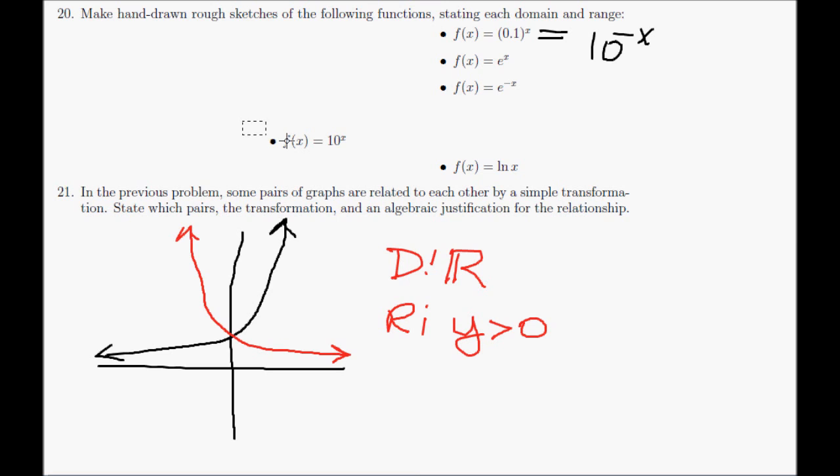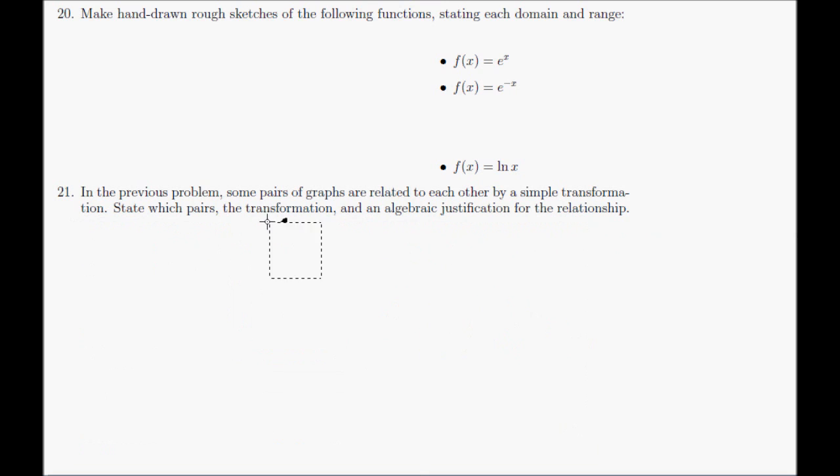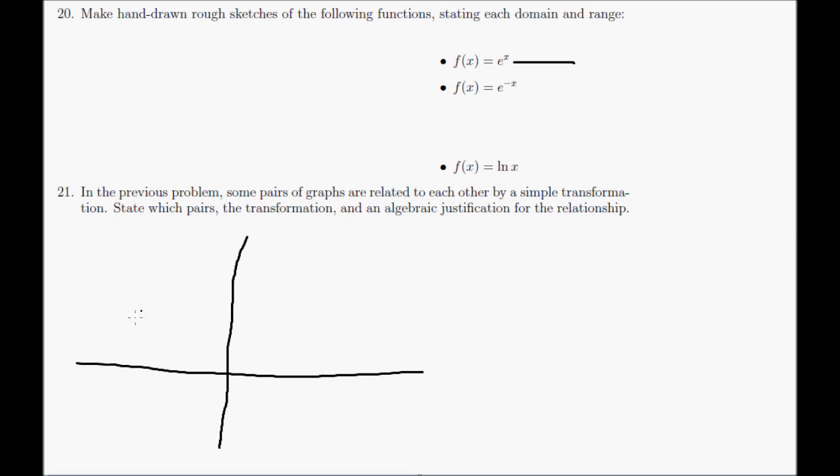Okay, that takes us to our final set of functions. e to the x, e to the minus x, and natural log x. This will be very similar to the graph that we had before for when 2 was the base as opposed to e. The graph of e, so I'll do this in black, the graph of e to the x will go like this.